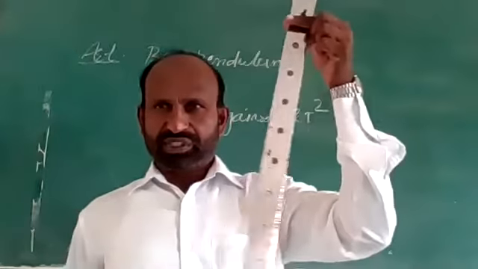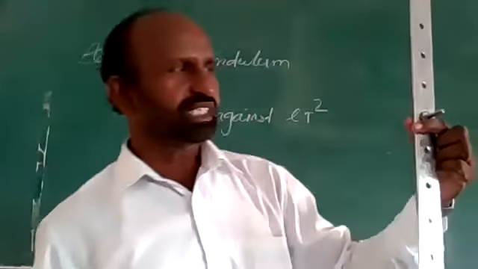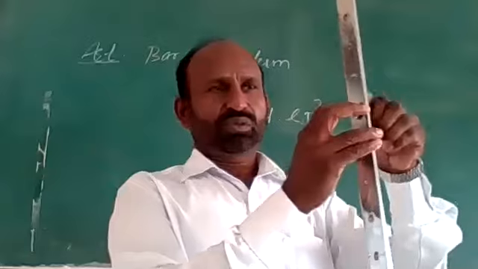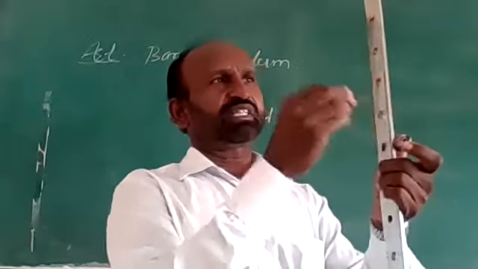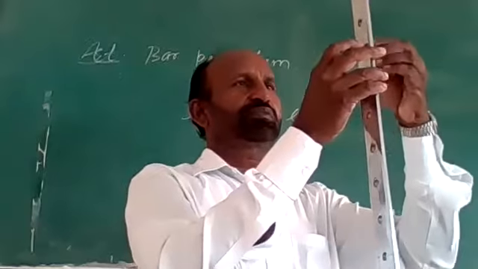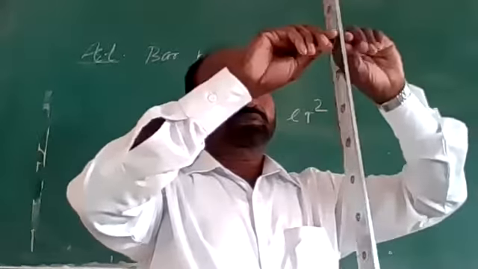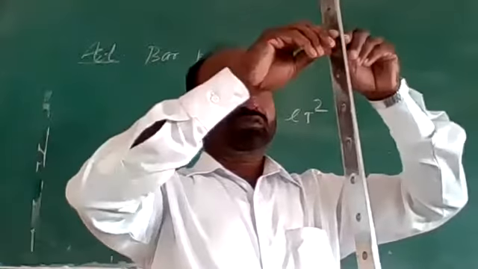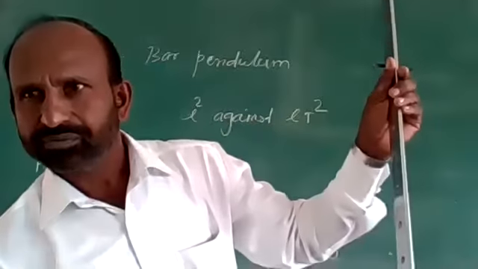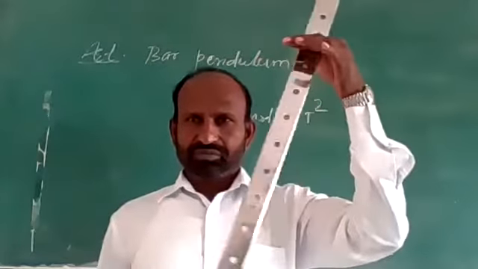And again it is set into oscillation. Its time is noted. So this process is repeated for the different holes from the center of gravity. Again we can fix this knife edge here, suspend it and measure the time.